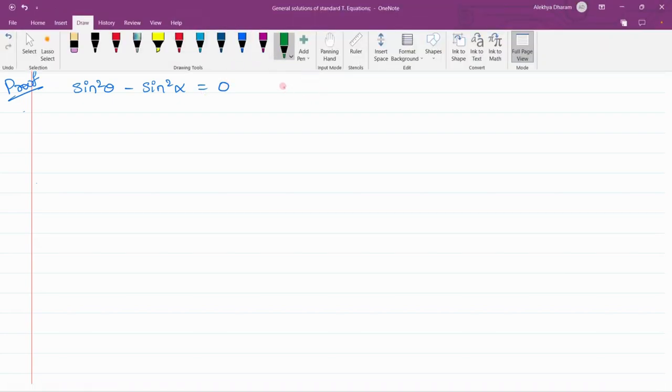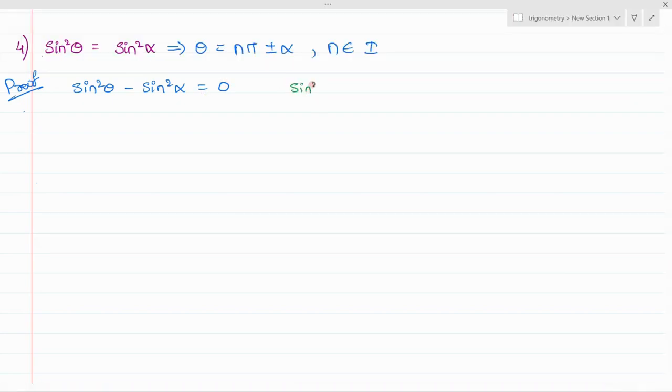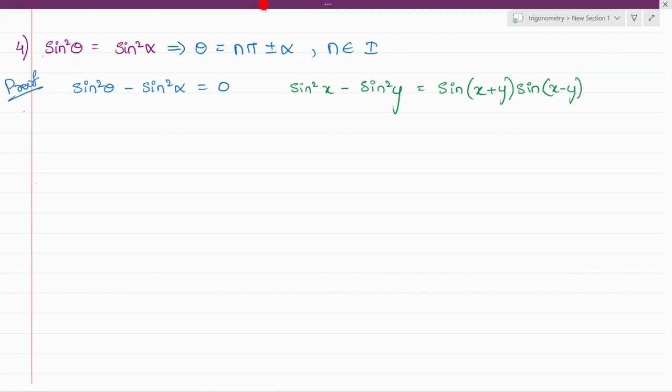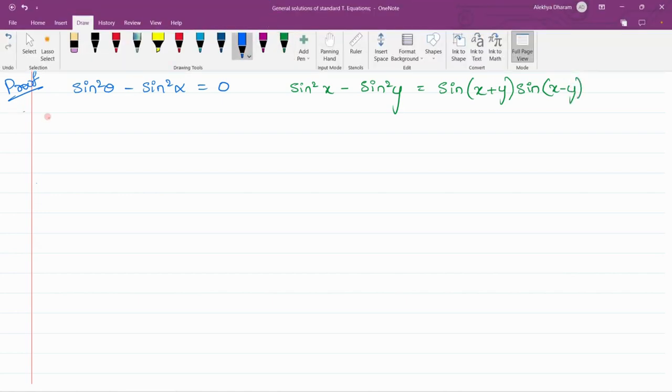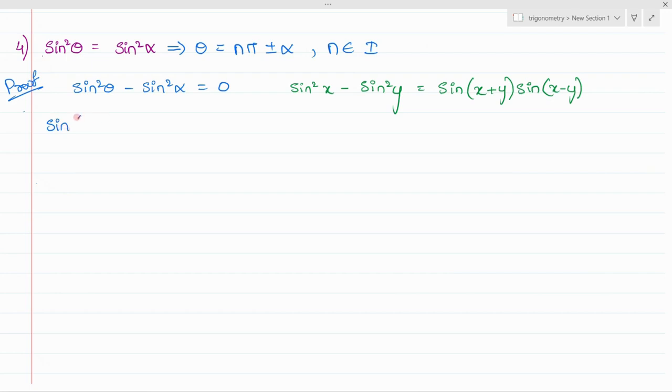So if you remember the formula, that is sine square x minus sine square y can be written as sine of x plus y into sine of x minus y. So from this formula, we can write it as sine of theta plus alpha into sine of theta minus alpha will be 0.